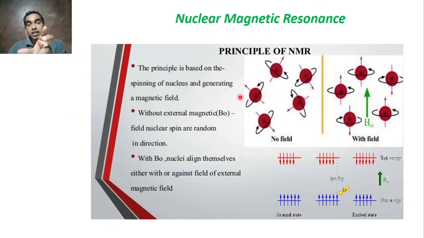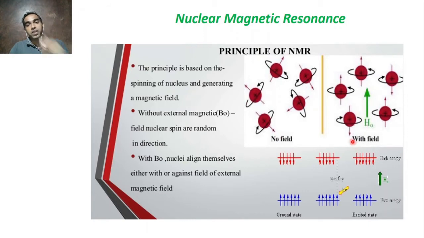And if you want to understand the nucleus more closely, the nucleus also rotates. They rotate about themselves, and they also rotate in other directions, translational, vibrational, rotational, all those kinds of energy they are associated with. So they also move in a random fashion, but initially in the absence of an external magnetic field, they arrange randomly.